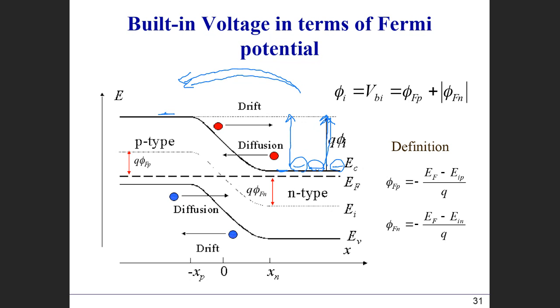In other words, there is an energy barrier, and the magnitude of the energy barrier is, as you can see, from here to here. Okay. So this barrier actually prevents further diffusion of the electrons. Okay. So that kind of thing you can also see from this energy band diagram.